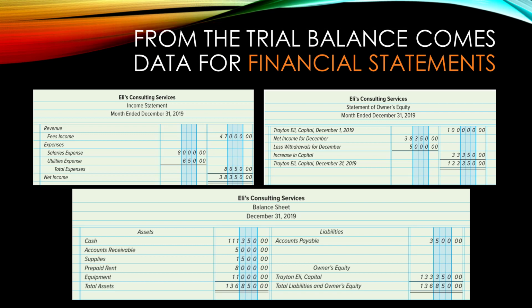As you will recall from the previous chapter, the income statement is prepared first and measures whether the company was profitable or not. The statement of owner's equity is prepared second, and it shows whether the owner's worth went up or not. And finally, the balance sheet proves that the fundamental accounting equation is in balance.